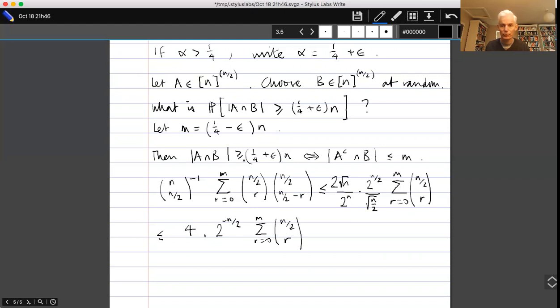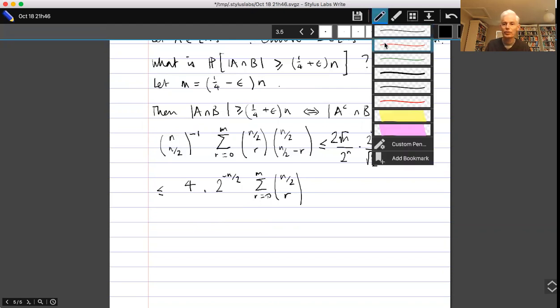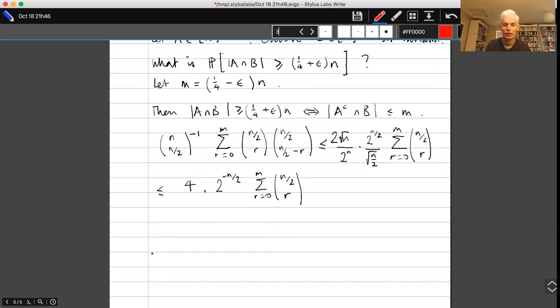Now remember, m is n over 4 minus epsilon n, and in the last video, the one about various different estimates, the one I've already mentioned in connection with the middle binomial coefficient, we had the following inequality. It was sum s equals 0 to n over 2 minus epsilon n of n choose s, with a 2 to the minus n, is less than or equal to e to the minus epsilon squared n.